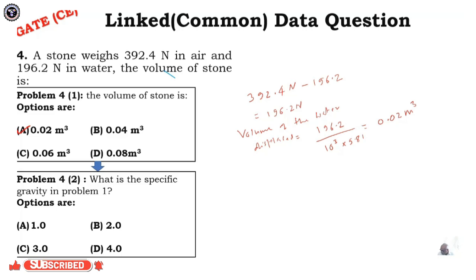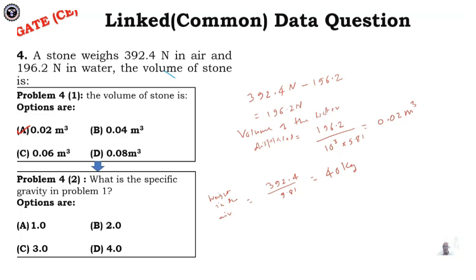Here the weight in the air is 392.4, so the mass in the air is 392.4 upon 9.81, which is equal to 40 kg.